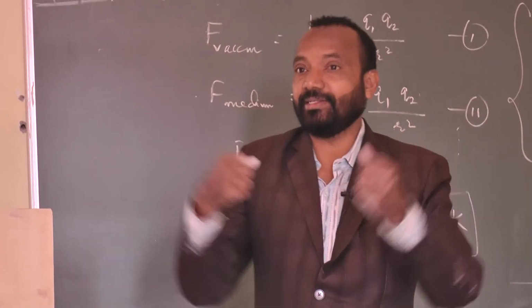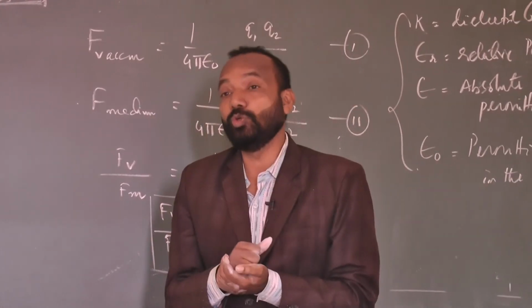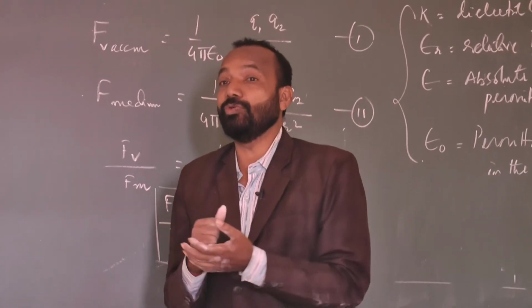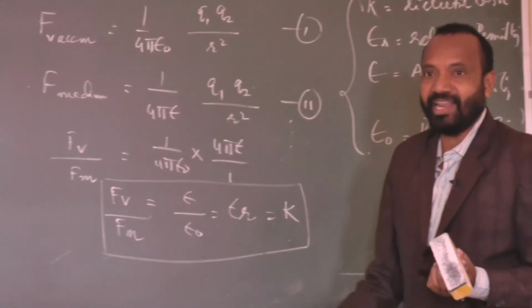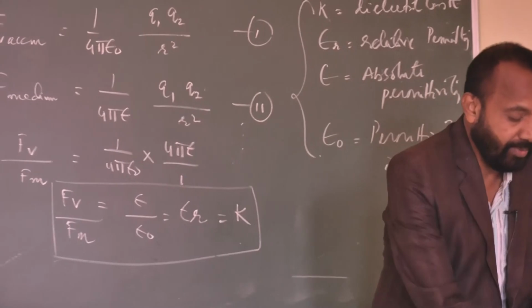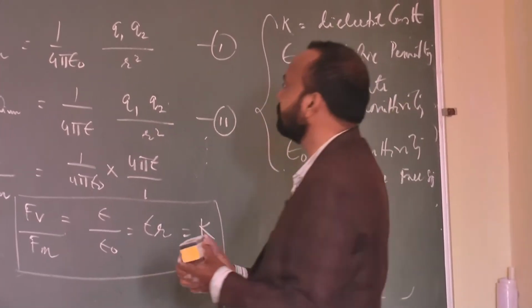If it is unlike charges, what will happen? Unlike charges attract each other, so the Coulomb force will be attractive. In that case, the product of the two charges Q1 and Q2 will be less than 0. So, that expression will be the same, but the diagram will be different.